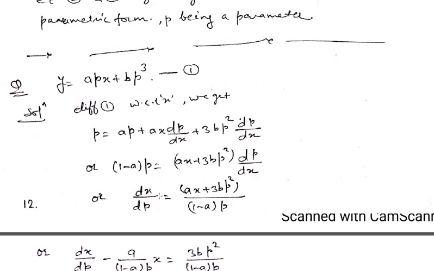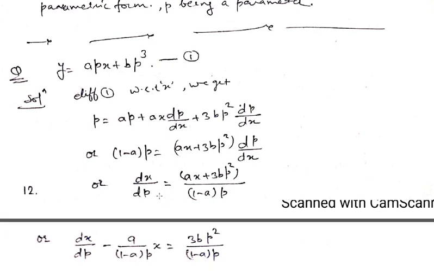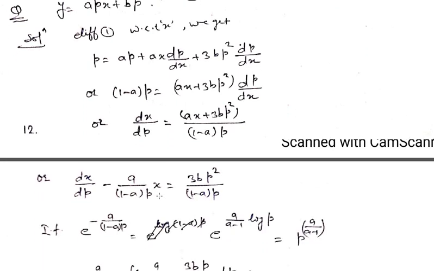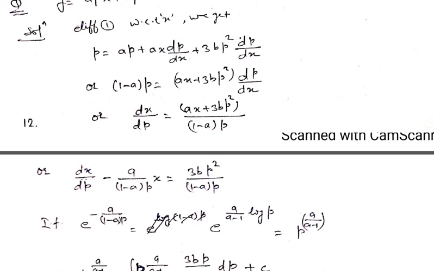We can rewrite it in the form of dx upon dp, and further rearrange it: dx upon dp minus a upon 1 minus a p into x equals 3b p square upon 1 minus a p. So this is a linear differential equation of order 1.